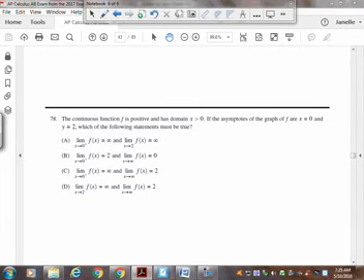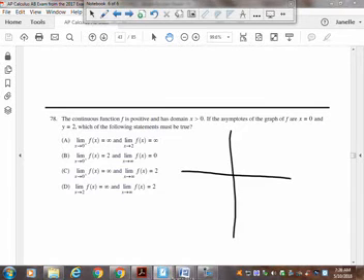All right. Continuous function f is positive and has a domain of x greater than 0, meaning that it's all on the right side of the y-axis, right? Since the asymptotes are x equals 0 and y equals 2, one's vertical, one's horizontal. So let's start off with that thought. I have a vertical asymptote here, and all my graph's going to be on that side of it.